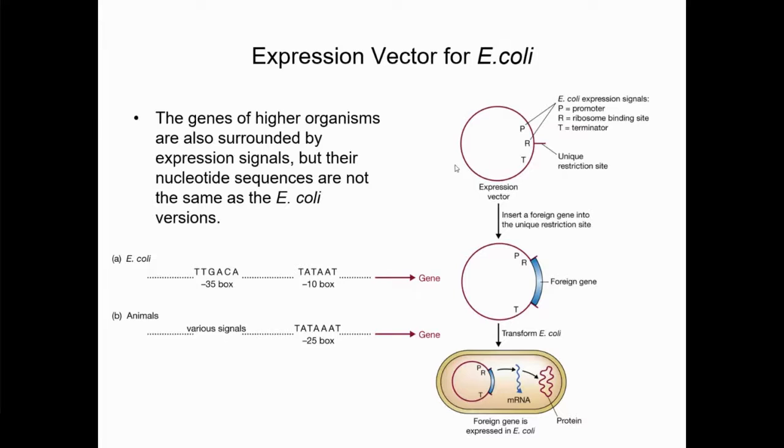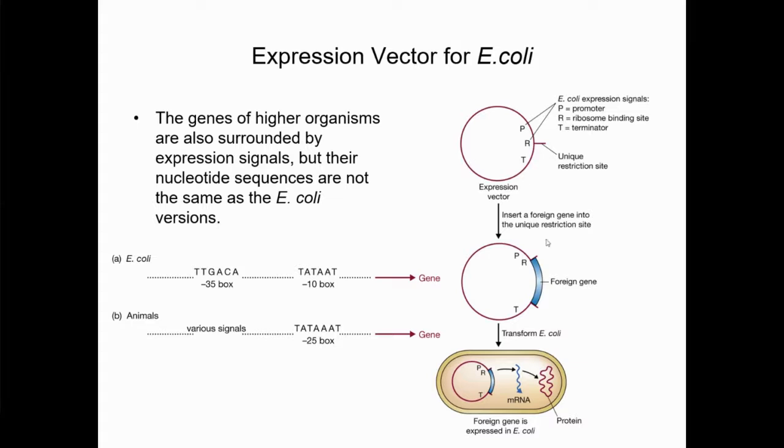If you have a weak promoter, then your messenger RNA will be less, and the protein production is based on the gene expression. If your first step, the transcription, produces less messenger RNA, then you will not get a lot of protein production.